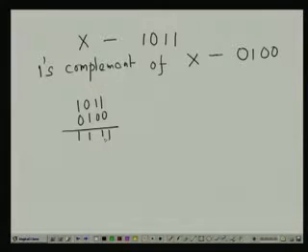Now, we take the 2's complement also, and normally we define the 2's complement as ones complement plus 1. How?